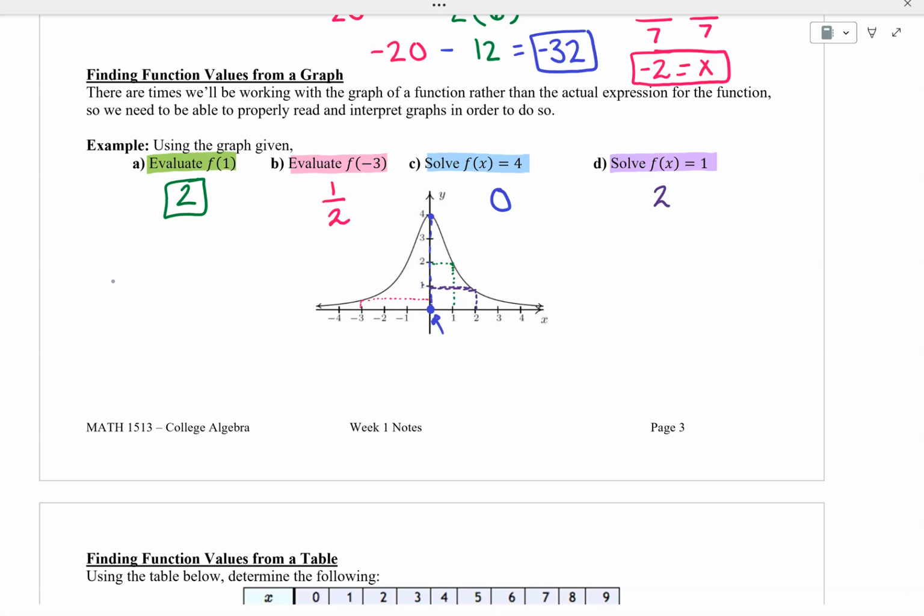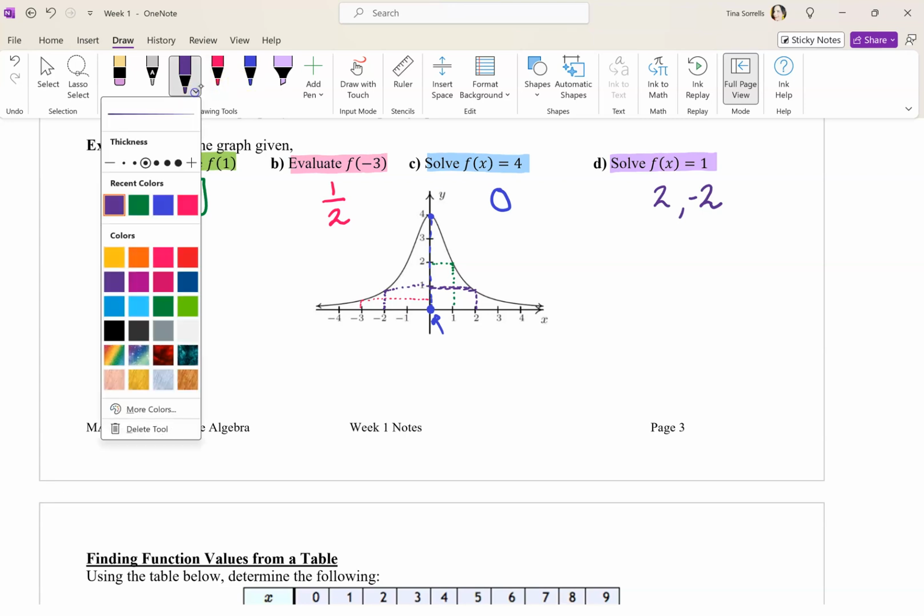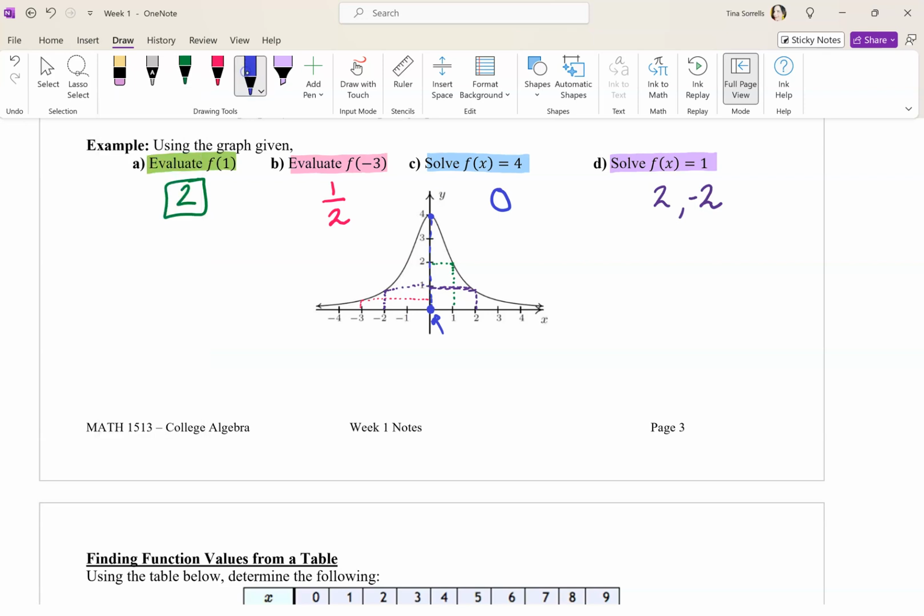Let's check over here too. And it also looks like a -2. Okay. So you just have to work backwards if you're given the actual f of x value. If not, then you look at the x and find the y. But if you're given the f of x, which is the y, you've got to find your x.